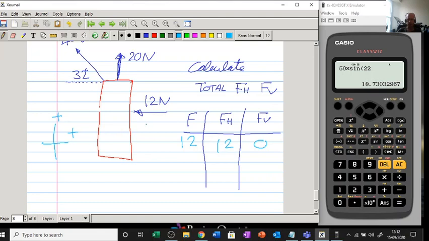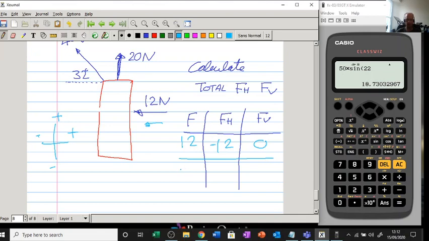It's going that way, which we call negative, so I'm going to put a negative sign there. I'm adding up now, so I can find the total horizontal and total vertical. So this 12 is going horizontal. It's got no vertical because it's not going vertical. I put a minus there because it's going in this direction, and that's minus.